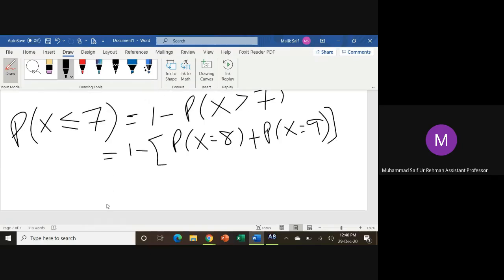So let us see what is the answer. 1 minus, so probability of x is equal to 8. What is NCX? So 9CX, x is 8.